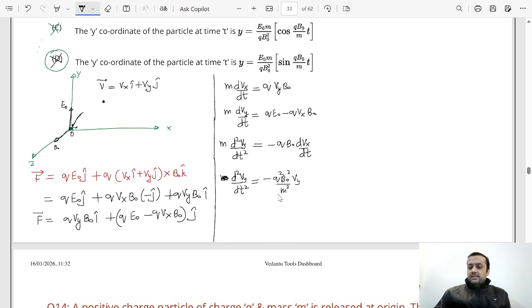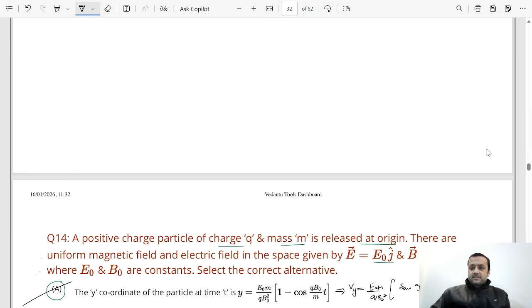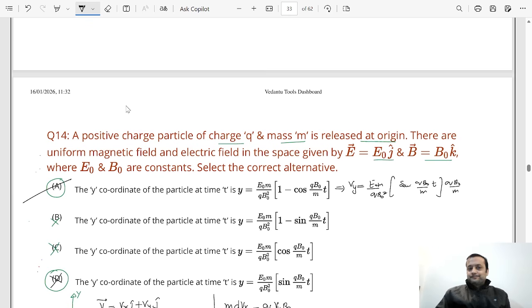Now if you understand this equation, it is a very famous equation of SHM, if you remember. Any function of this type, d2x by dt2 equals minus constant omega square into x, means x will be a sinusoidal function.